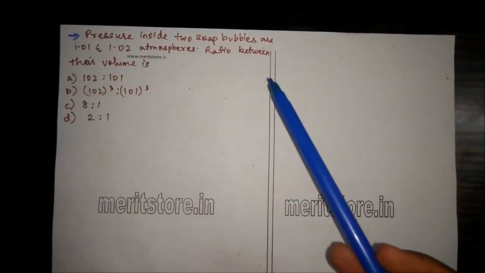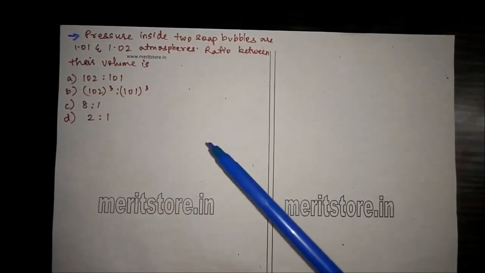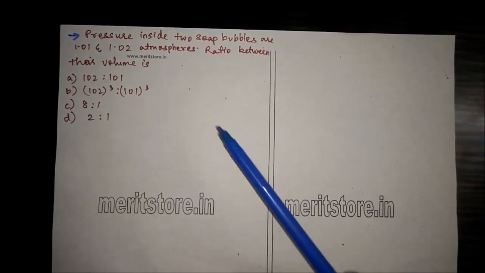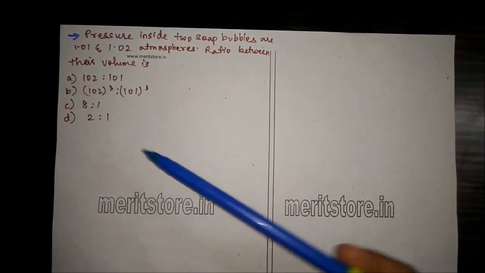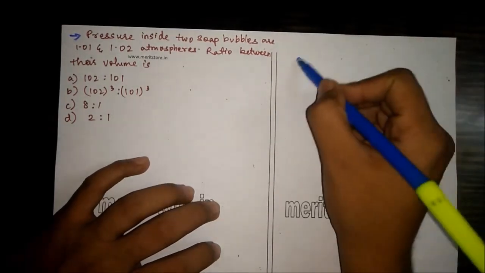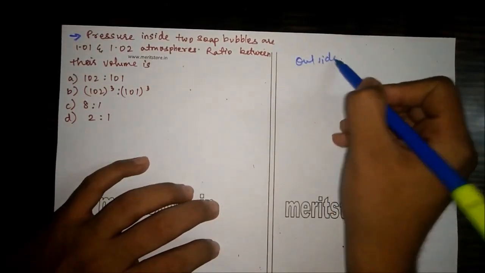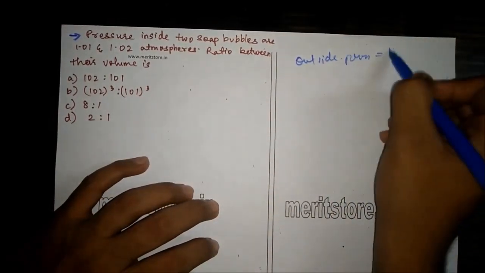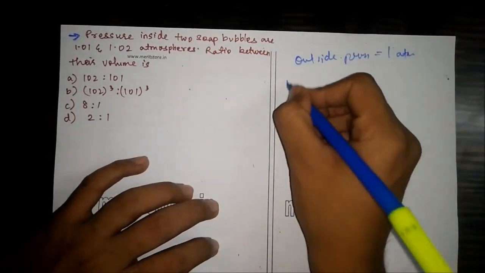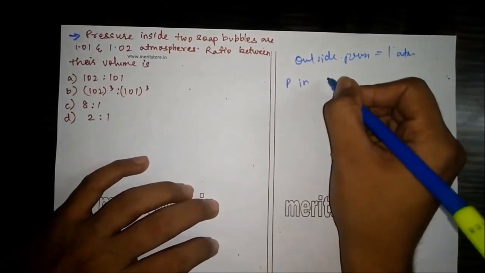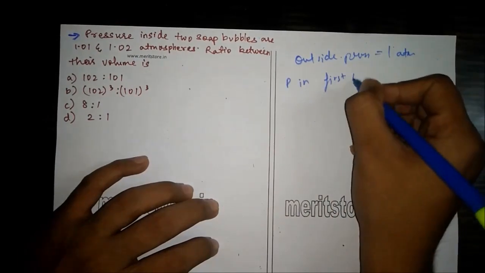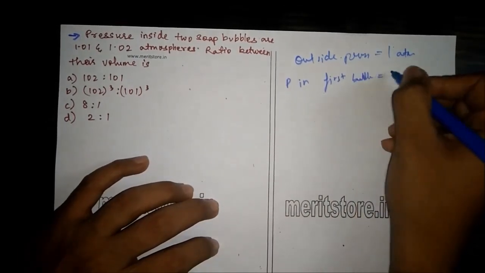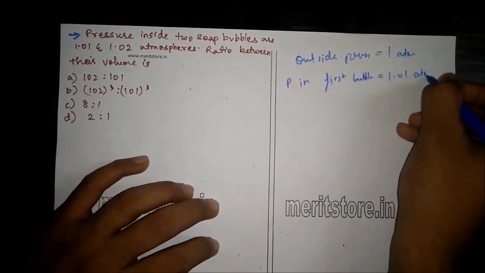Pressure inside two soap bubbles are 1.01 and 1.02 atmospheres. The ratio between their volumes is, here are the options. Now, outside pressure is 1 atmosphere. The pressure inside the first bubble is equal to 1.01 atmosphere.